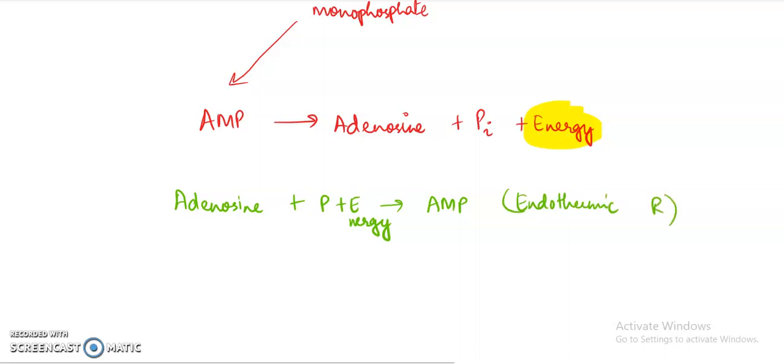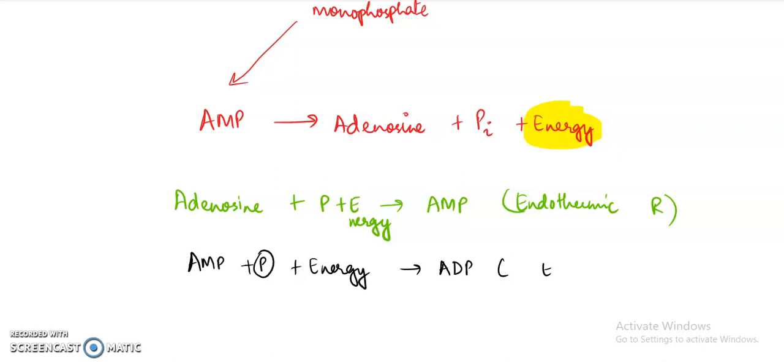Similarly, with the help of AMP, we can add one more phosphate group, we can add energy to it, and it will become ADP. This will also be an example of an endothermic reaction. If you have ADP, you can add phosphate to it, and energy, and it will become ATP.